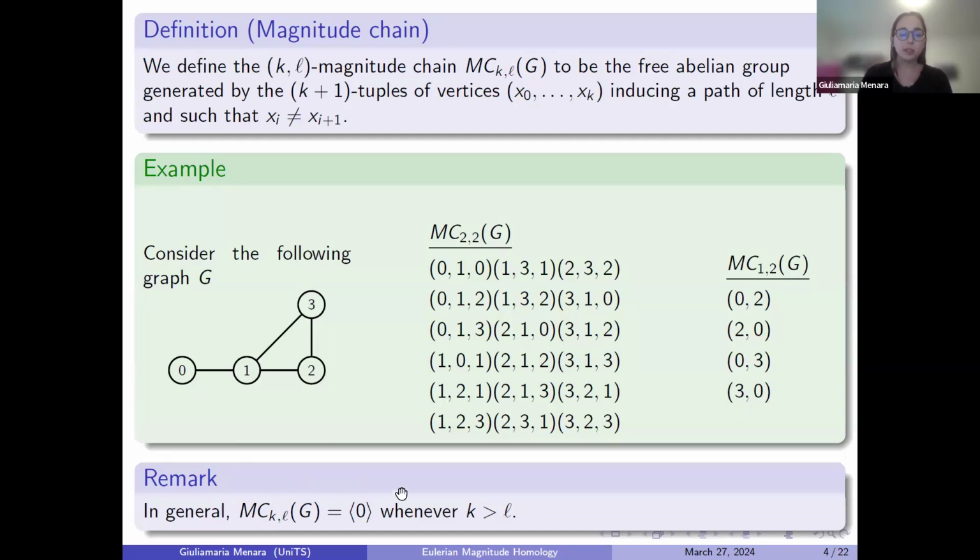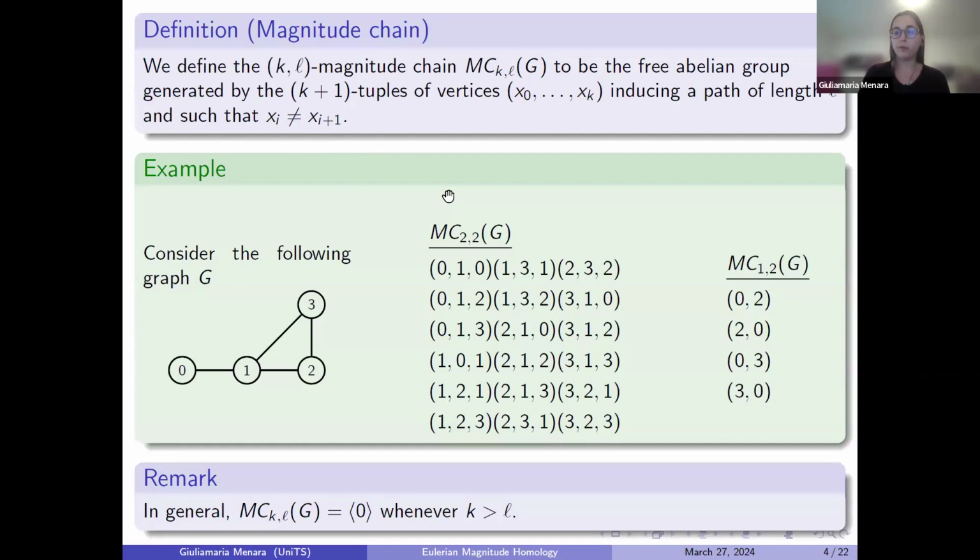Let's point out that the magnitude chain is trivial whenever we pick a value of k bigger than L, so k equal to L is the biggest value we can pick, mainly because of this assumption. Say we were trying to build the magnitude chain with k equal to 3 and L equal to 2.